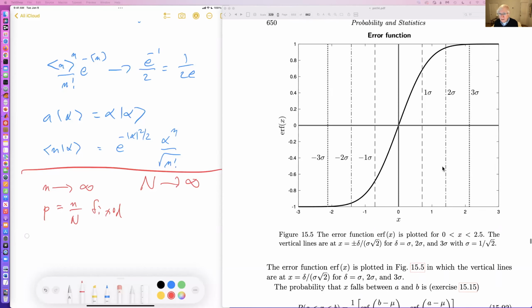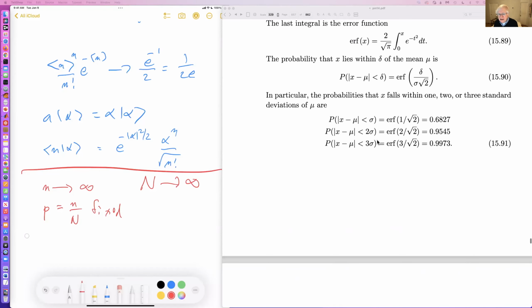But what one is saying here is that basically, if your probability of the result being true is almost 100%, then it's accepted.